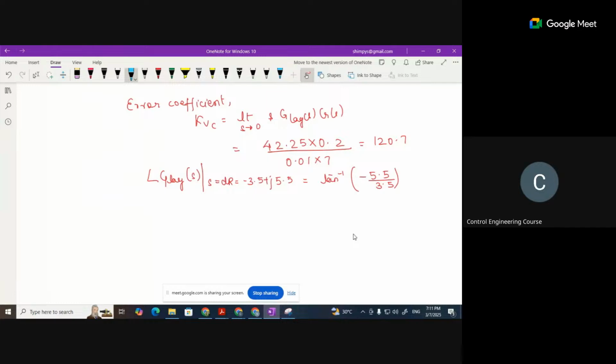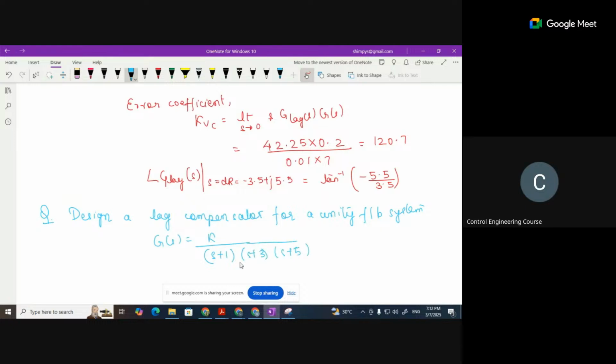Okay. Let's do one more problem. Now let us design a lag compensator for a unity feedback system where G(s) is equal to K by (s plus 1)(s plus 3)(s plus 5), right?